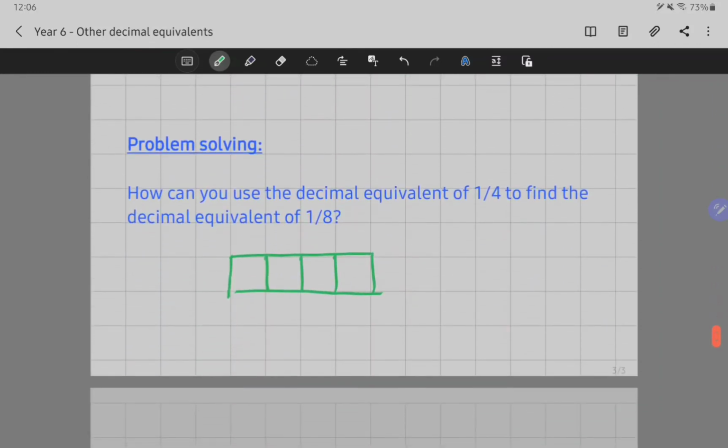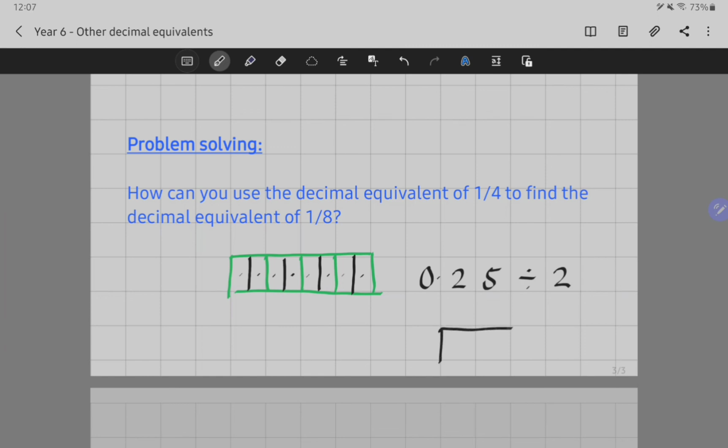Now if I wanted to turn these into eighths, what would I do? Well, I'd halve them. I've got 8 boxes now. So what I'm doing is taking my quarter, my 0.25, and I'm going to divide it by 2 to find my answer.